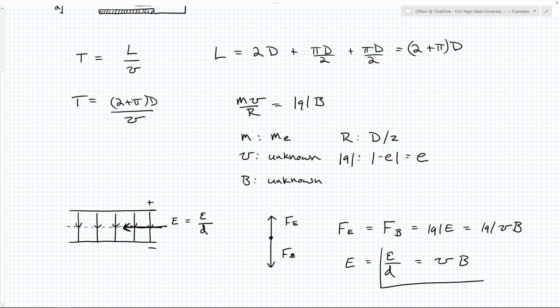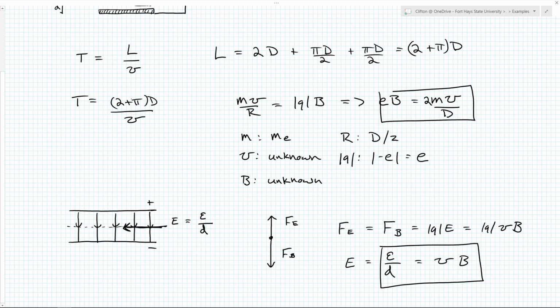So we've got this equation with two unknowns, and then if we go up here, we have this equation with two unknowns. That means we can solve for both of those unknowns.